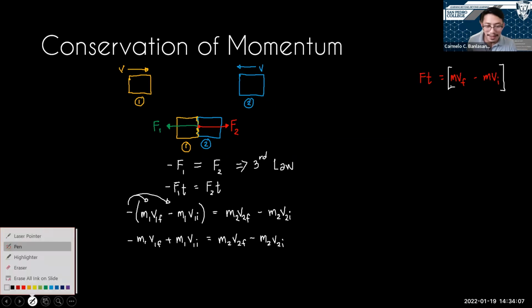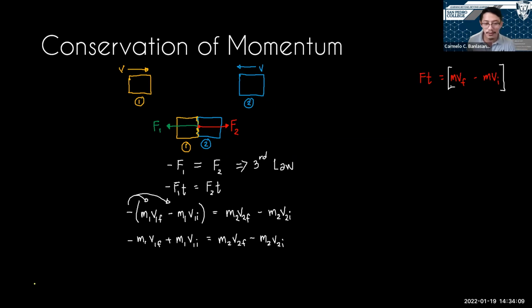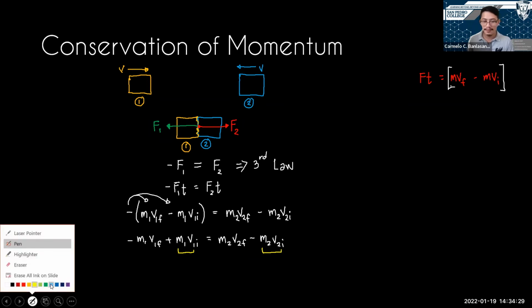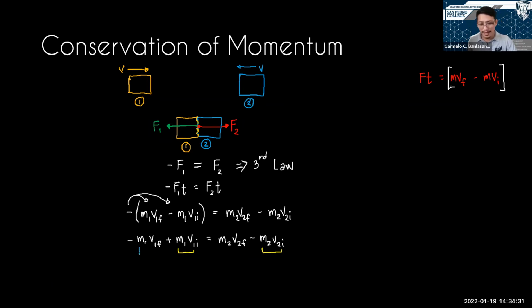So, what we are going to do now is group together those with initial. Where is the initial here? So, this is initial. And this one is also initial. Do you follow? So we group all the initial. Clear? We also group all the final. So this is final, and this one is also final. So we group them.